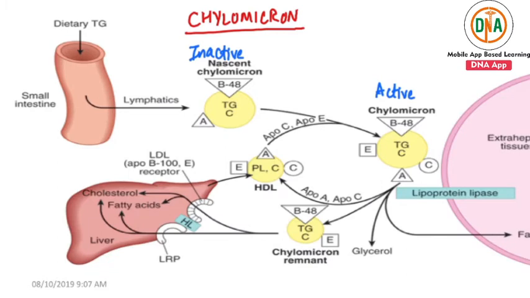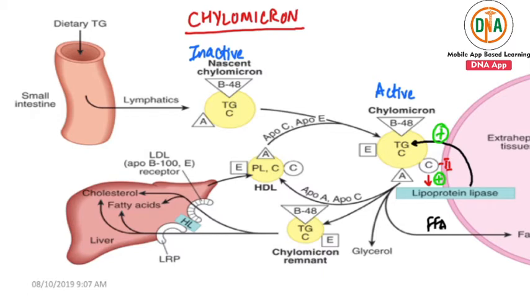When the active chylomicron reaches the tissue, the ApoC2 will activate the lipoprotein lipase, which is attached to the walls of the capillaries. This activated lipoprotein lipase in turn will act on the triacylglycerol and cleave it into the glycerol and the free fatty acid, which will quickly be taken up by the tissues for their own use.